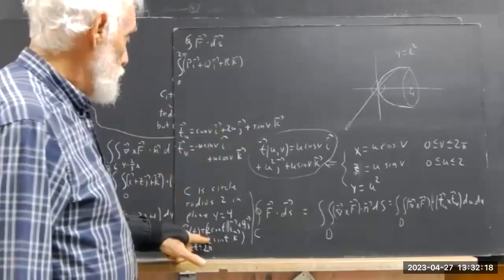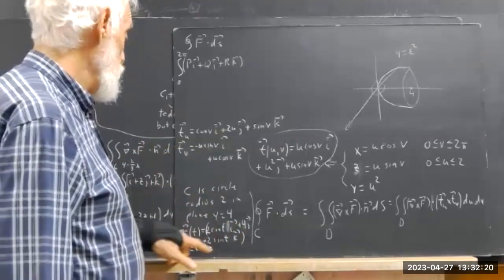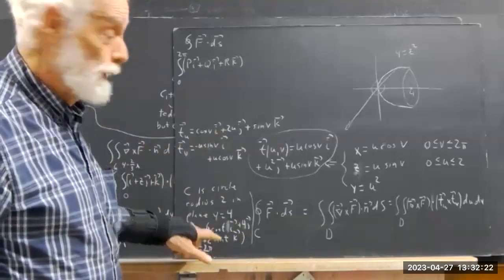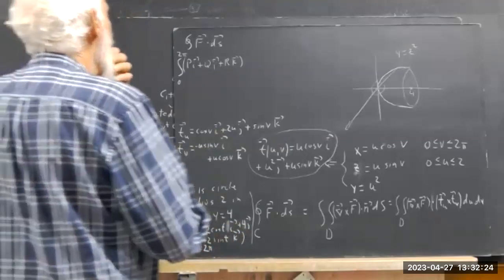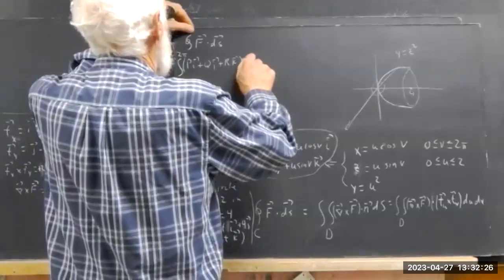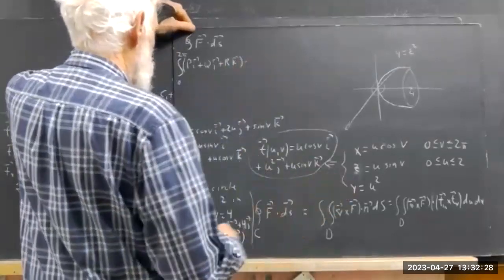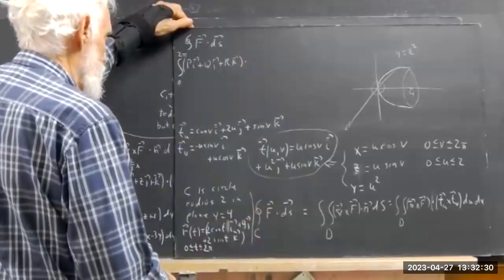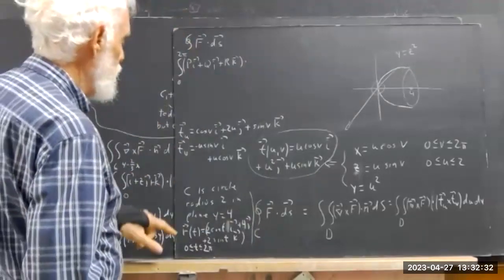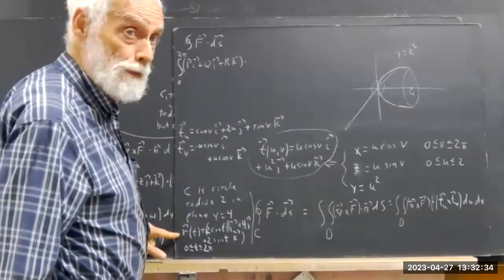In other words, X is going to be 2 cosine T, Y is going to be 4, Z is going to be 2 sine T. Then this is going to be dot dR. What's our dS? Well, it's actually the dR we want to do this.